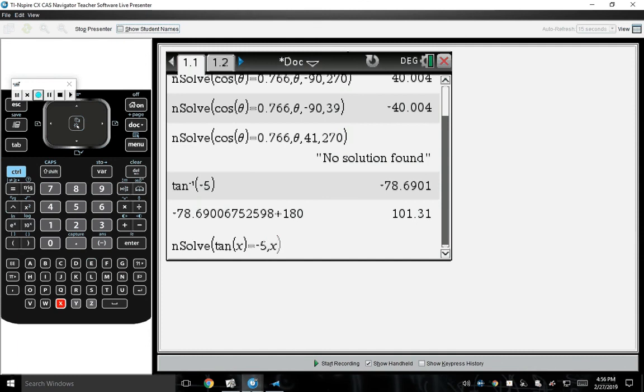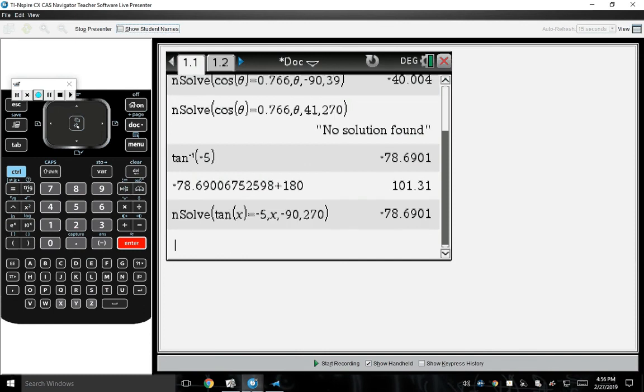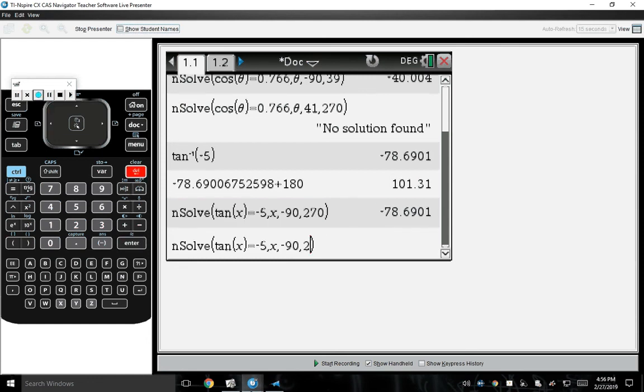Comma x, comma -90, comma all the way to 270. And the first answer we get was the one that we originally got. So if -78 is my first answer, I can check the first one as far as the first interval by saying from -90 now to a little bit less than -78, like -79.